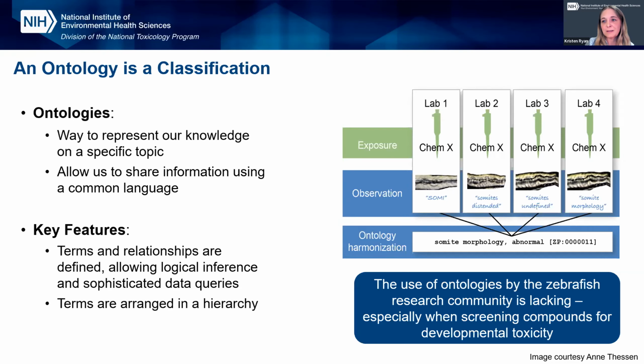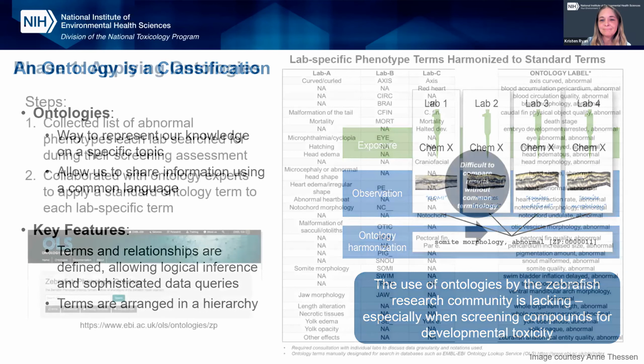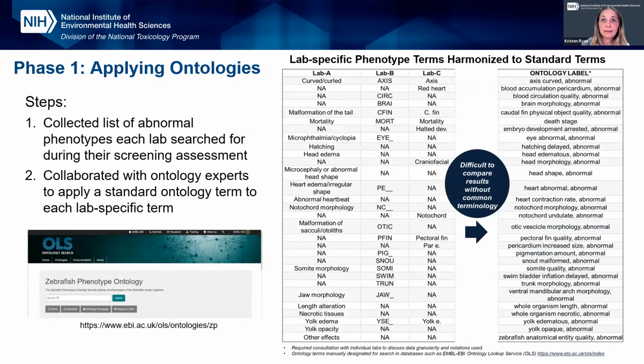And I just wanted to point out that this is quite lacking currently in the community. So this is just a quick table, how we identified in our dose range finding that each lab had different lab-specific terms, and we worked with our ontologists to identify ontology labels for each of these using the Ontology Lookup Service website.